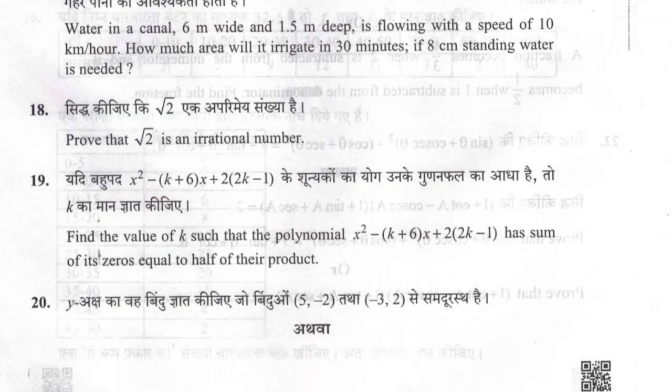19th question. In this we have to find the value of k such that the polynomial x square minus (k plus 6)x plus 2 multiplied by (2k minus 1) has sum of its zeros equal to half of their product.